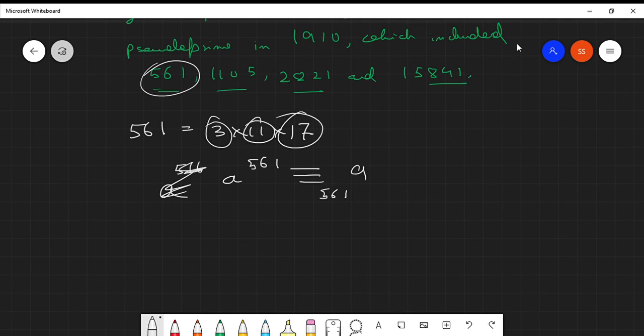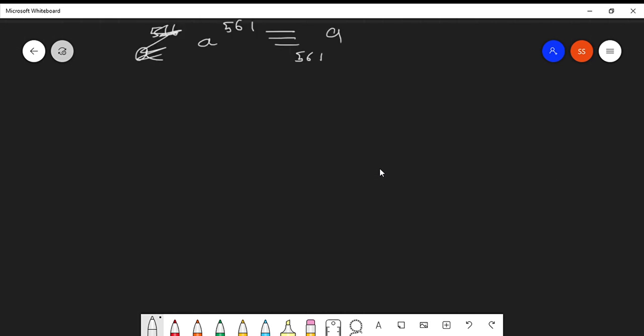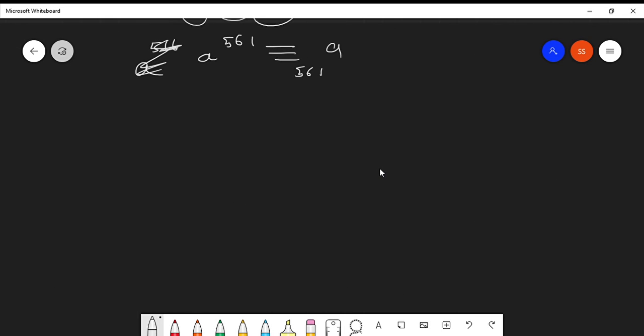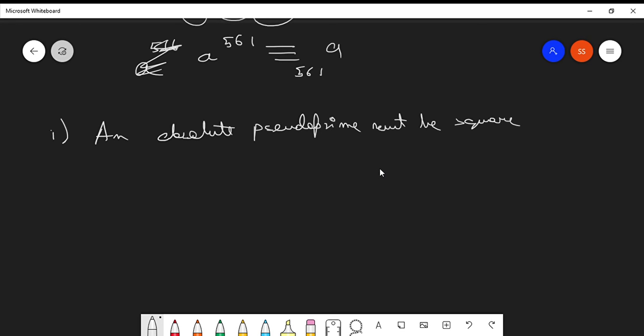Let's see the next thing. One more thing, which is a very important property of pseudo primes, is that an absolute pseudo prime must be square free. What do I mean by it?